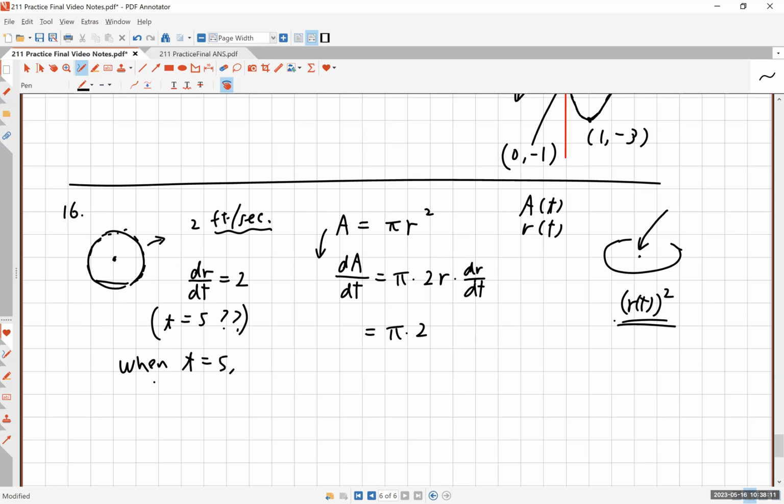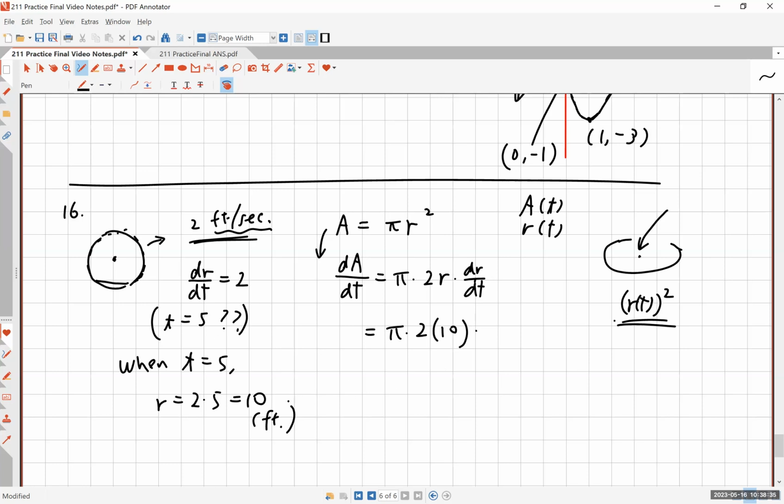Well, you know that it's increasing at 2 feet per second, and it starts at 0. The radius starts at 0 because before you throw the rock, there is no circle. So r is equal to 2 times 5, and that is 10 feet. So this is the 10 that I'm going to plug in. This is the value of r right when t is equal to 5.